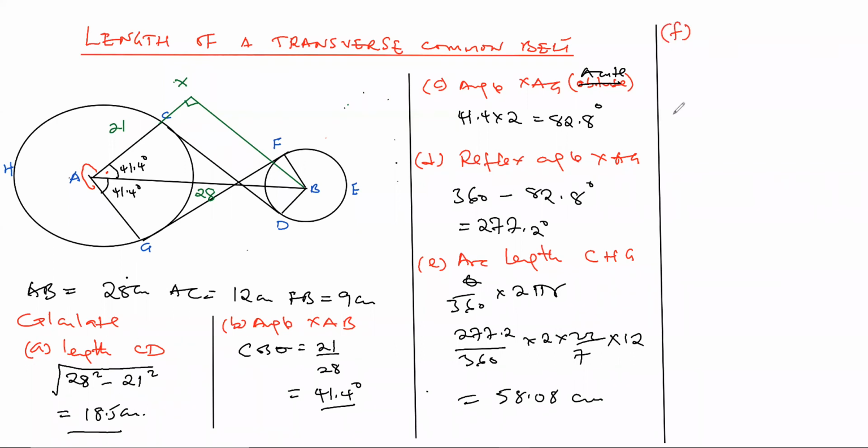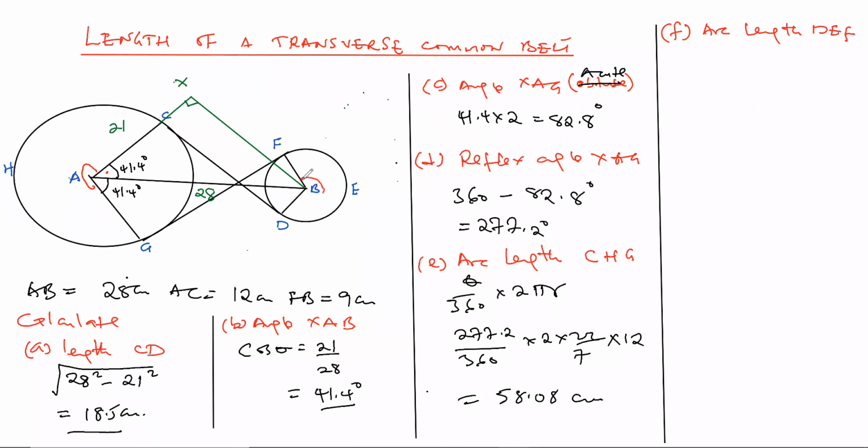Now F. I want to move to F. F is, we want to calculate the arc length DEF. Let me first write the question. Arc length DEF. So for DEF, what do we need? We need this angle here.